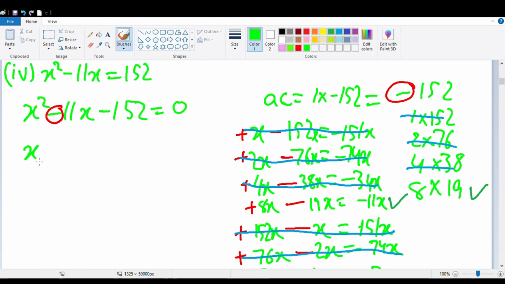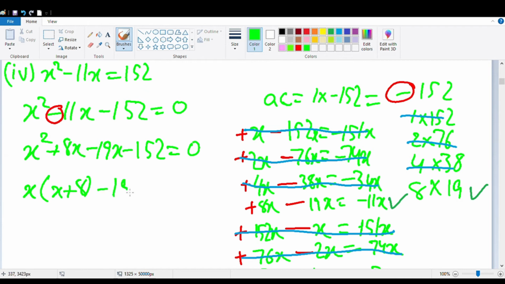So we get x squared plus 8x minus 19x minus 152 is equal to 0. So x into x plus 8 minus 19 into x plus 8 is equal to 0. So we get x plus 8 into x minus 19 is equal to 0.